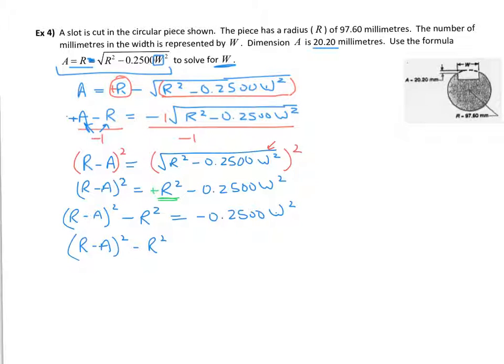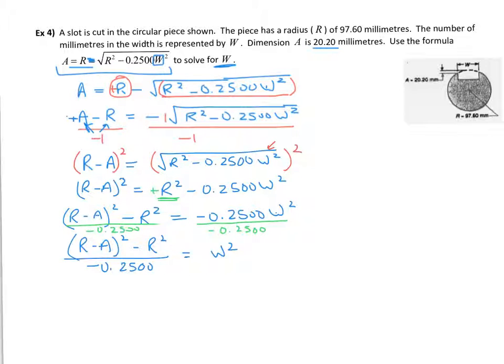And I forgot to do what I was going to do, which is divide both sides by the negative 0.2500, which is multiplying that W squared. So we're undoing it by dividing it out. So then we have this being divided by negative 0.2500, and that's equal to W squared.